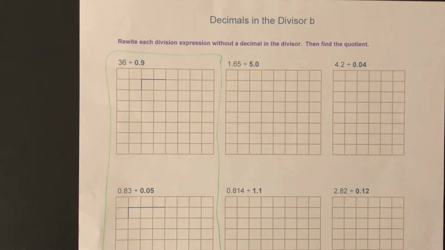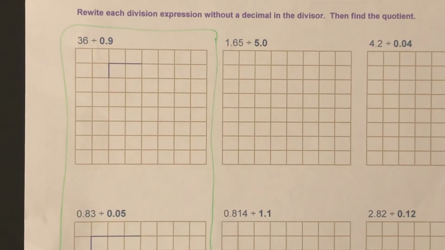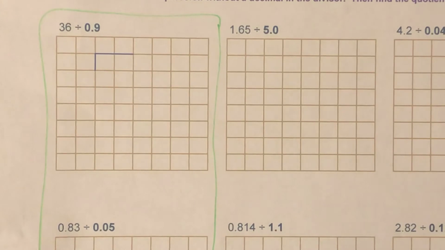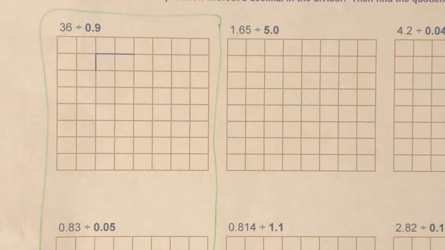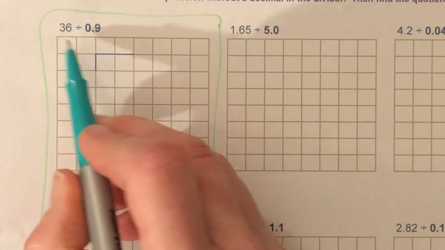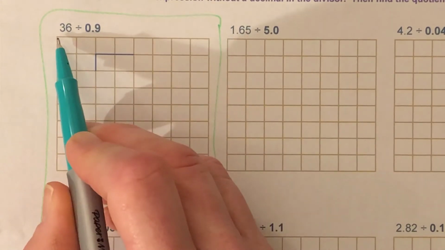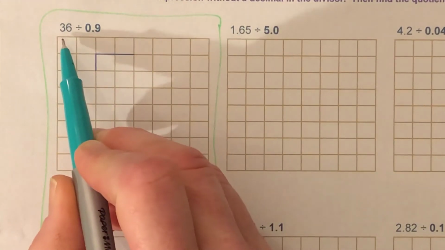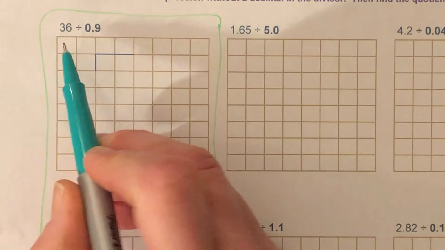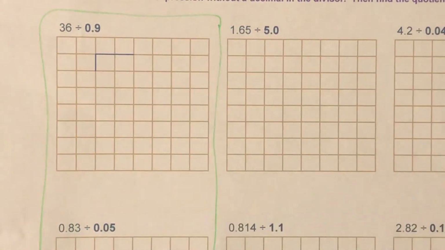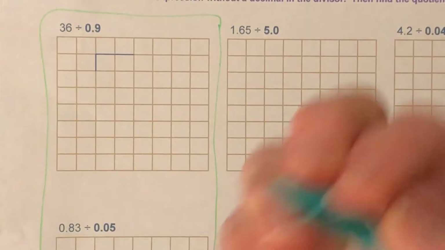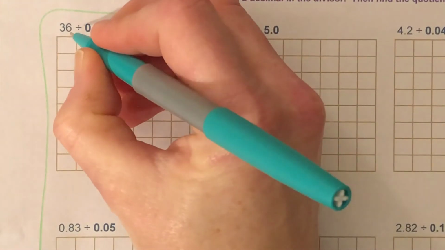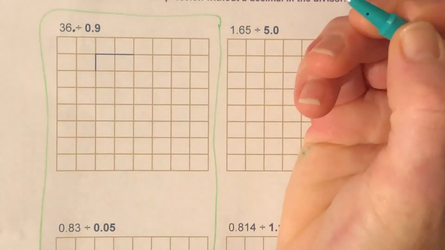So let's go ahead, we'll do 3 of these together. Get you nice and started, and then you can do the rest on your own. So in this one, 36 divided by 9/10, this is already a whole number. In whole numbers, without a decimal, you understand that if there were a decimal, it would be right here.